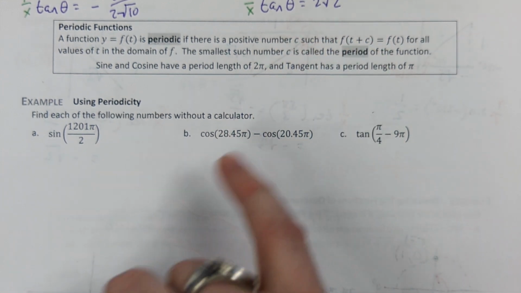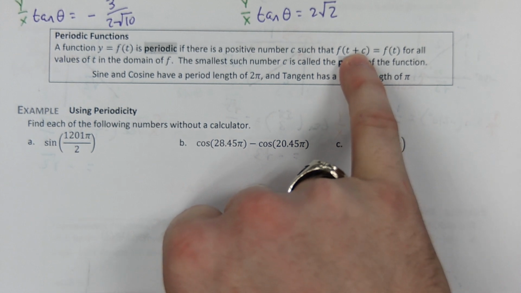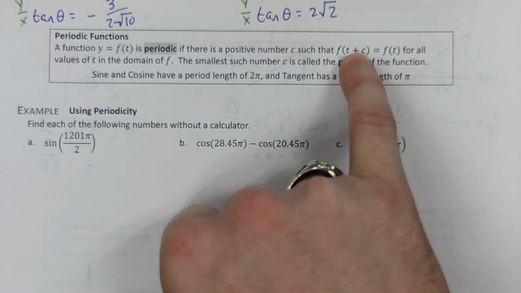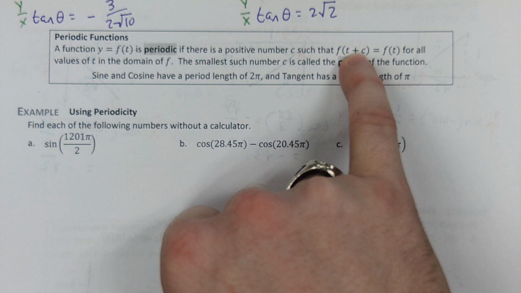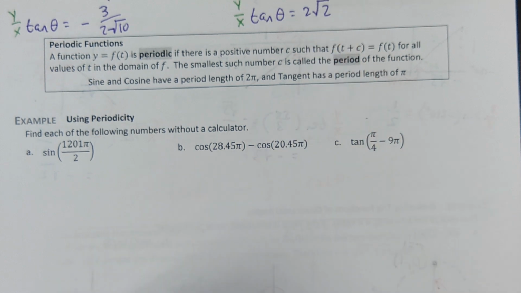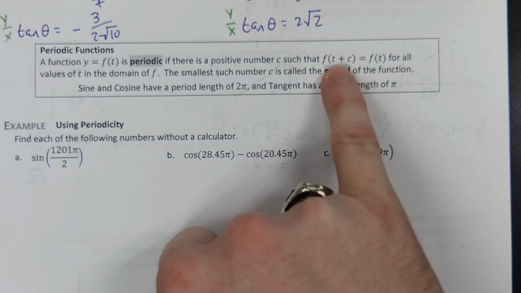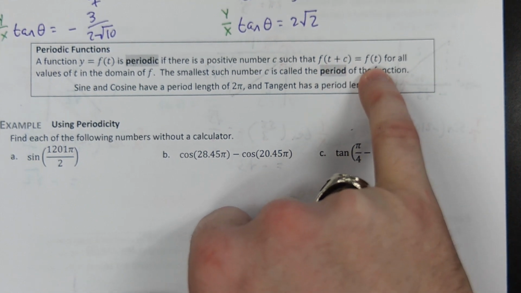Now wait a minute, let's talk about what this is telling us. This is me adding a number to my inputs. This is me adding or subtracting on the inside. What kind of transformation is that? Shifting. That's all. Shifting, is it horizontal or vertical? Horizontal. A function is periodic if there is a way to shift it horizontally and it looked like you did nothing.